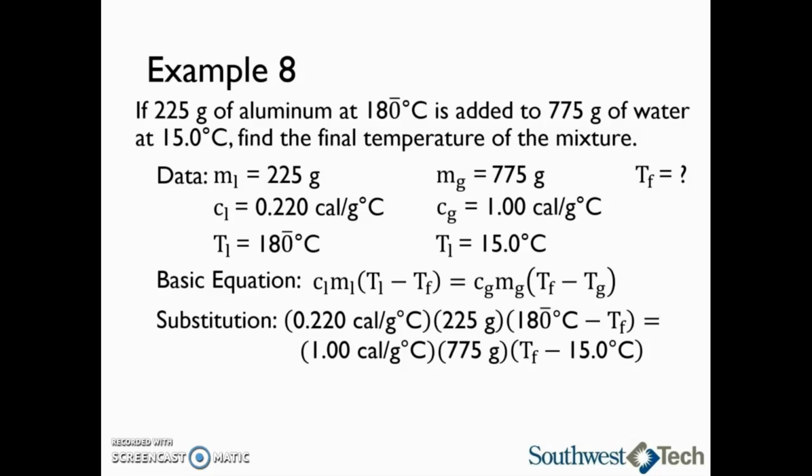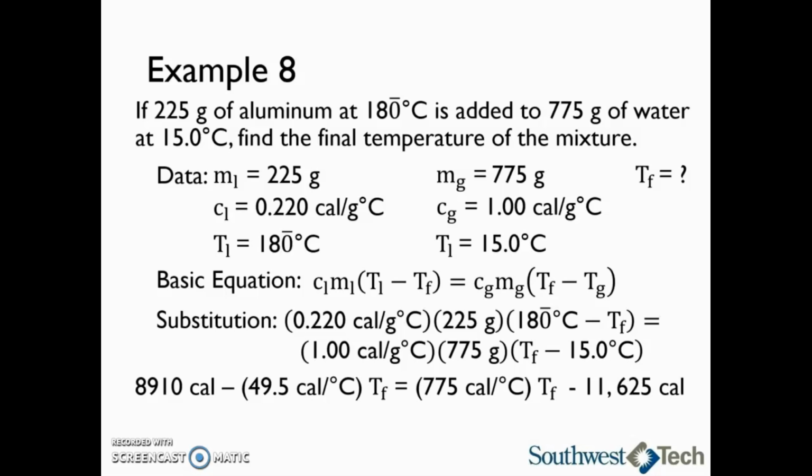We can multiply and simplify and see that we are left with 8,910 calories minus 49.5 calories per degree Celsius times T sub F, and this equals 775 calories per degree Celsius times T sub F minus 11,625 calories.